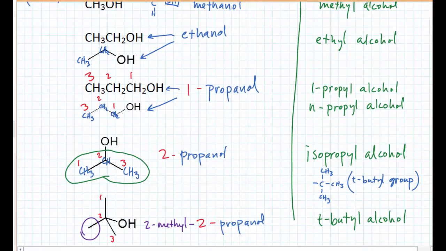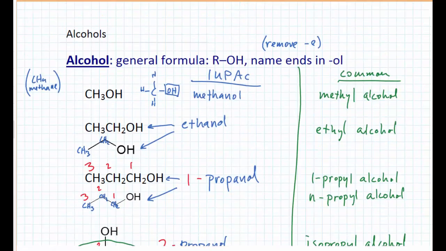So, if you are ever asked to provide a name for an alcohol, you will always be correct providing an IUPAC name. That will always be correct. I'm going to indicate some common names that you need to know.